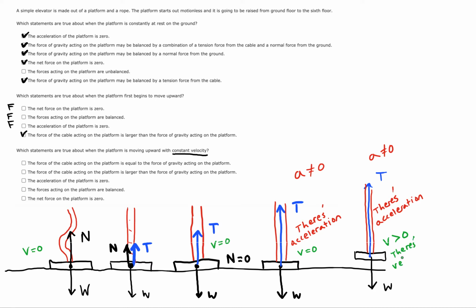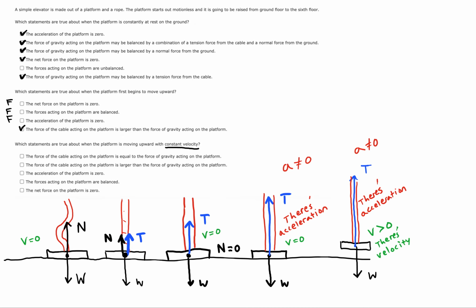And if you want that velocity to remain constant, you have to stop the acceleration. Acceleration means changing velocity. So how do we stop the acceleration? The answer is you need to lower the force of the tension to get it to again equal the weight.